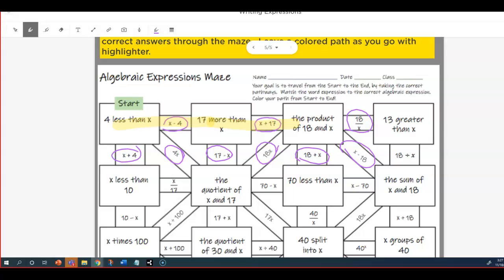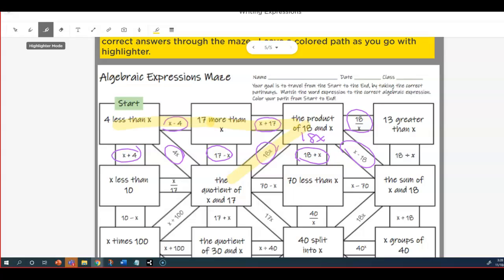X minus 18, 18 plus X, or 18X. I'm going to go this way. Now, once you get here, look at how many choices you have. Easy. So that's what we are going to be working on.